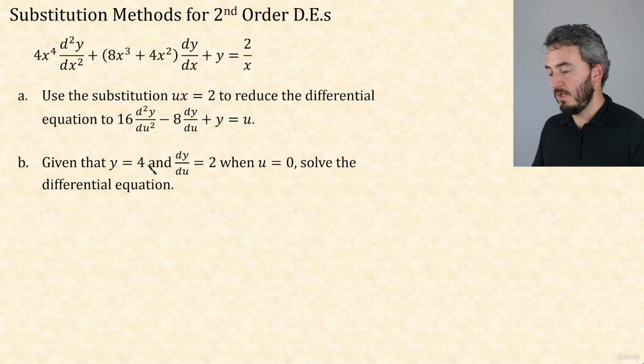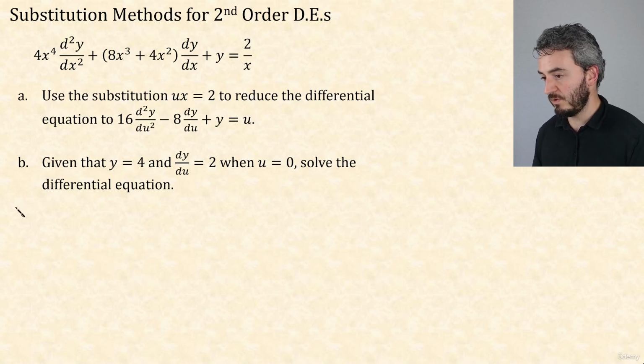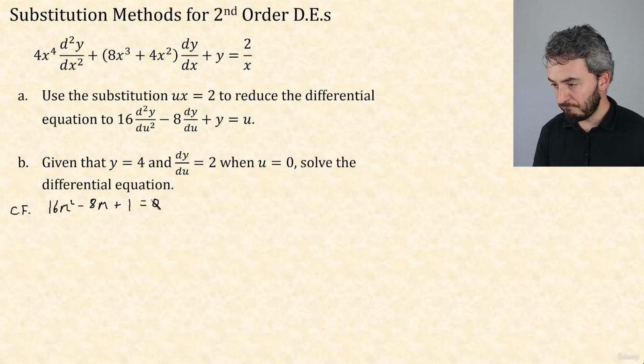So given that y is 4 and dy by du equals 2 when u equals 0, solve this. So we need to first solve this, find the complementary function. So the complementary function of 16m squared minus 8m plus 1 equals 0.